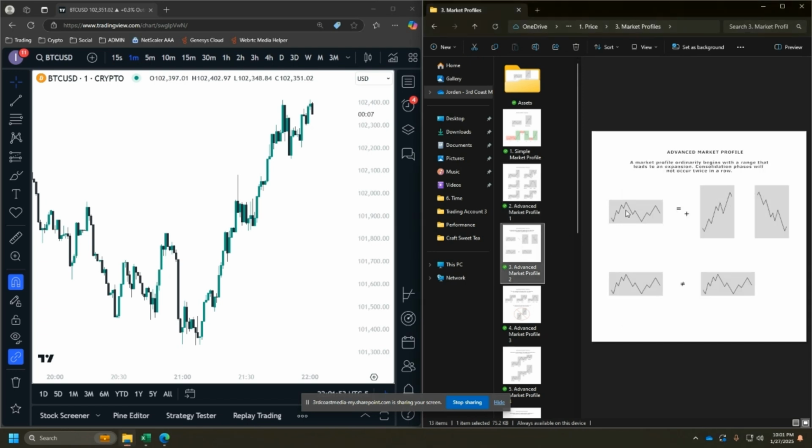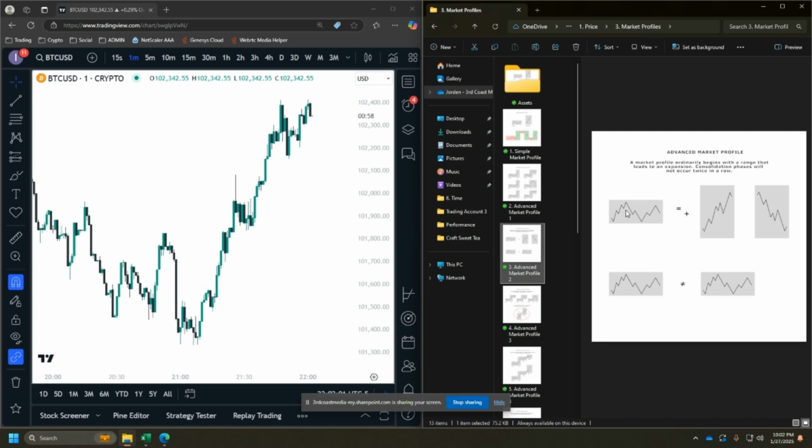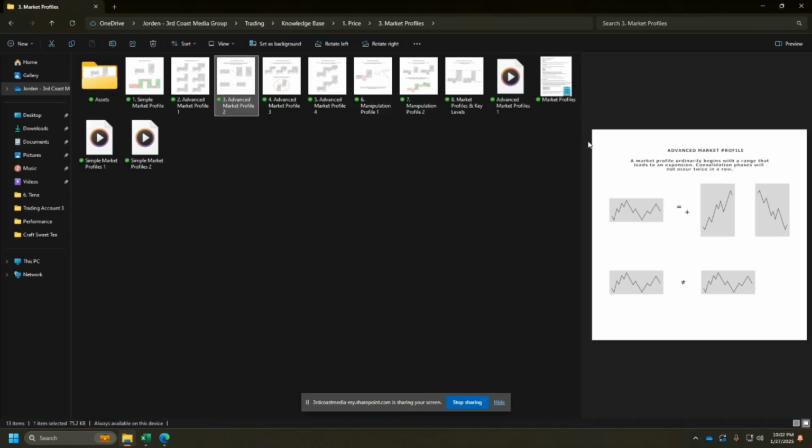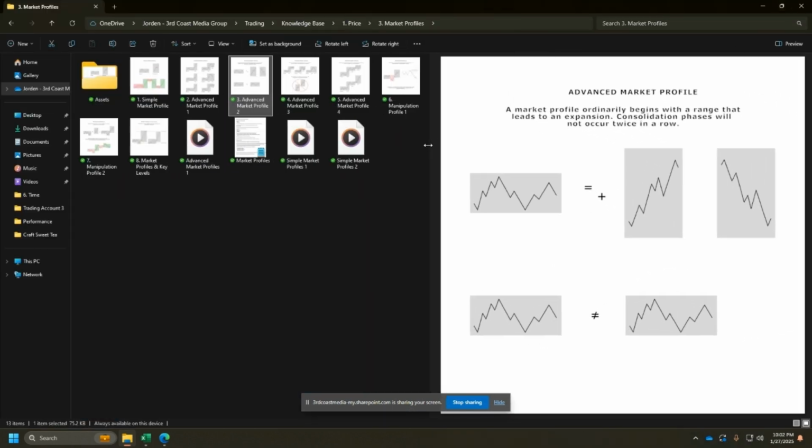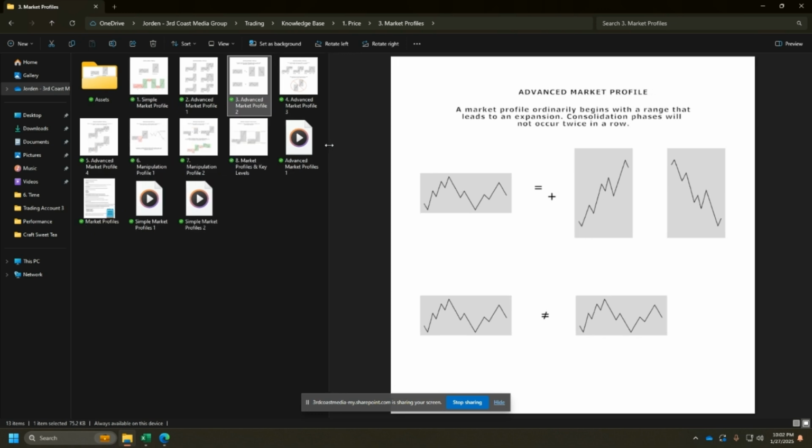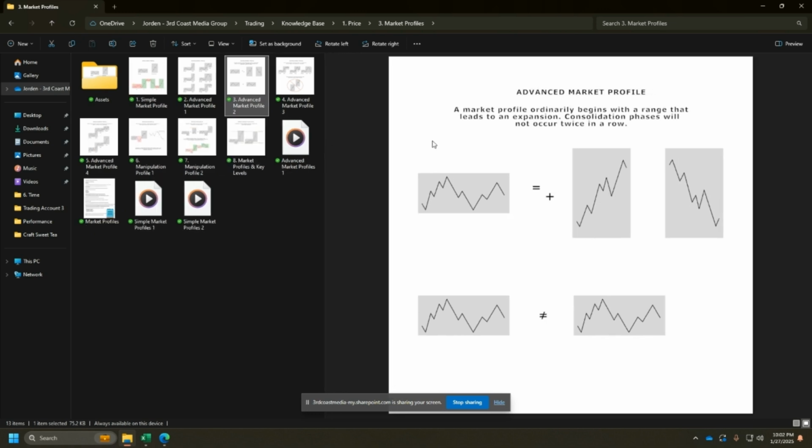Okay, so next, I just want to cover a couple of concepts with advanced market profiles. Not necessarily looking at the chart, but just looking at these images here that I prepared.